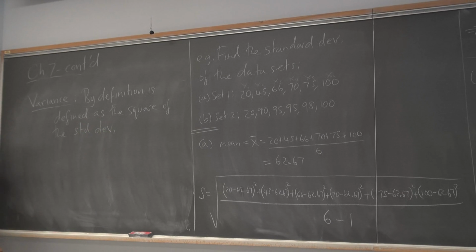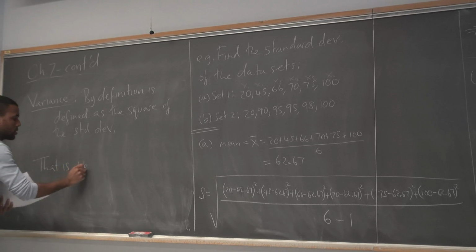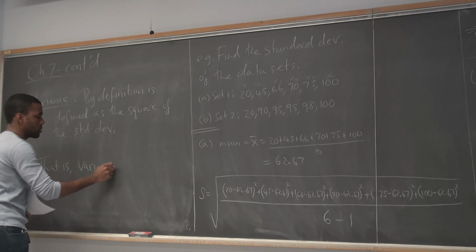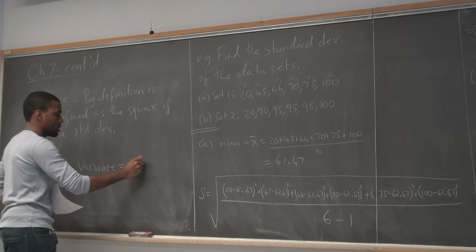So let's just look at that number. I give you the notation: variance is equal to s squared.